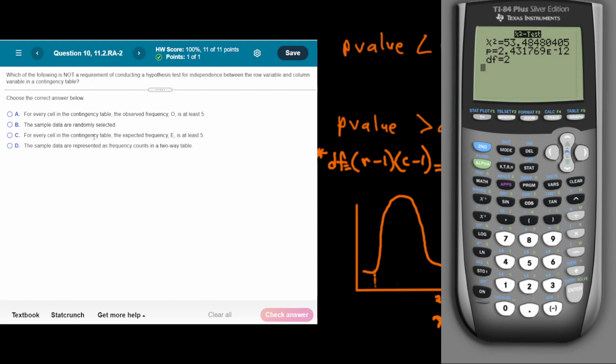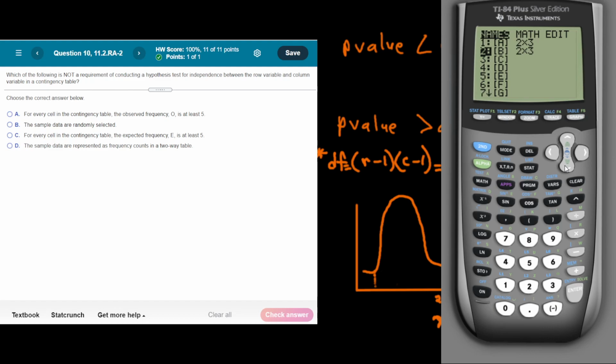Now, we didn't go over the expected frequency at all. I'm going to show you where to find it though, which is not really necessary for this homework assignment, and I don't even think you have to figure it out for your tests. Basically, you notice there's a B here. We have a B that's generated every time we hit stats and go to chi-square.